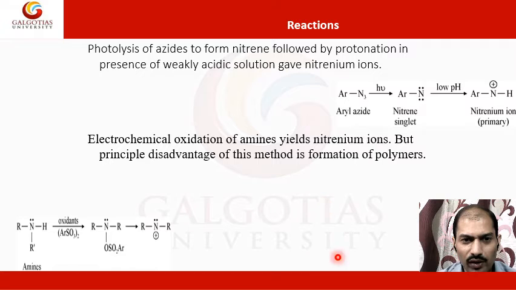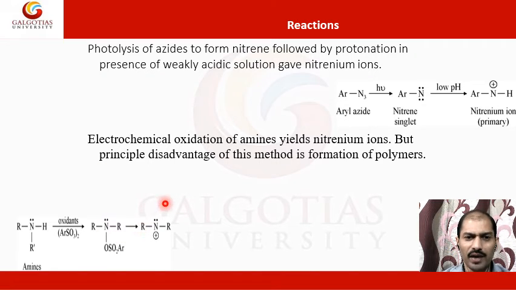Electrochemical oxidation of amines yields nitrenium ions, but the principal disadvantage of this method is formation of polymer. You can synthesize nitrenium ions by electrochemical oxidation of amines, but there are certain disadvantages, because this can make a polymer, so you will not get exactly what you want at the end of the reaction.